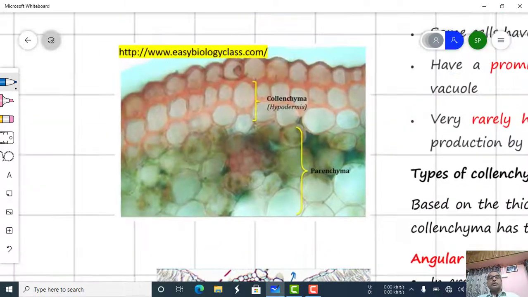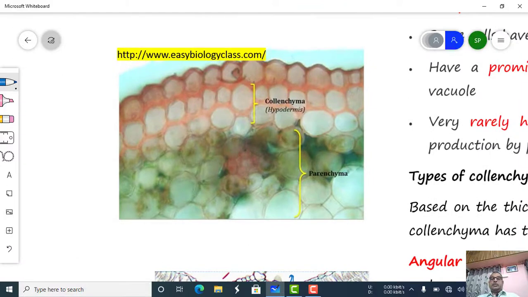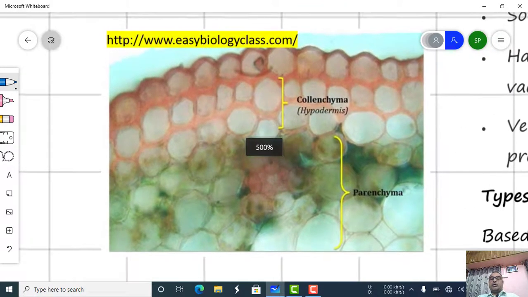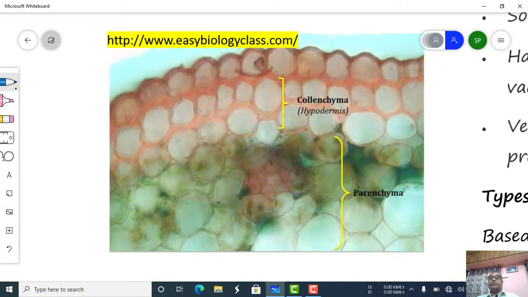One more figure showing the nature of a dicot stem. This is the region of epidermis, then this is the region of hypodermis, and this is the region of general cortex.